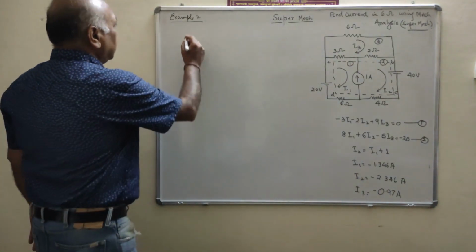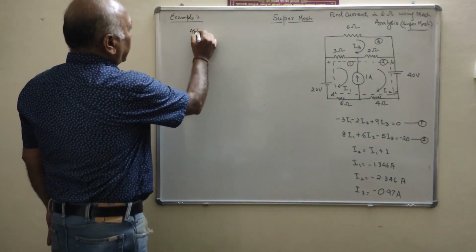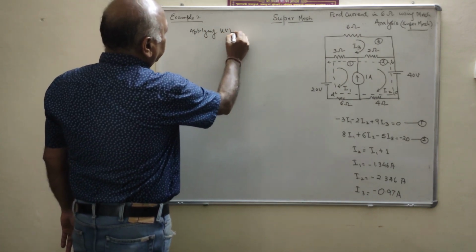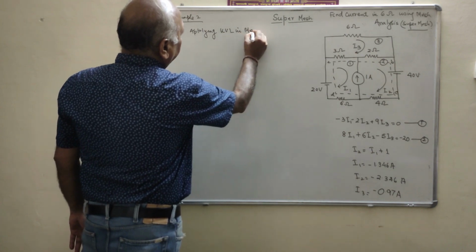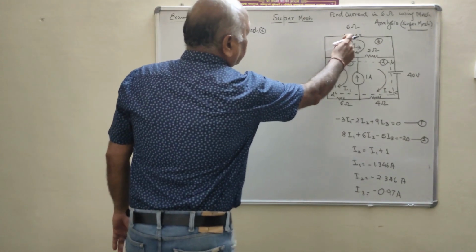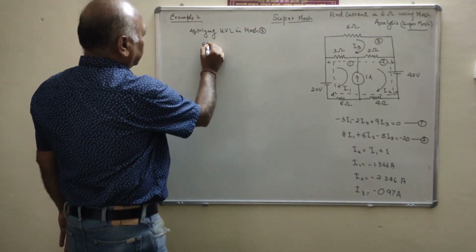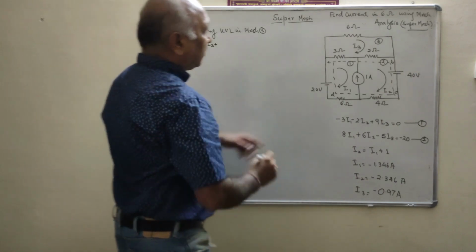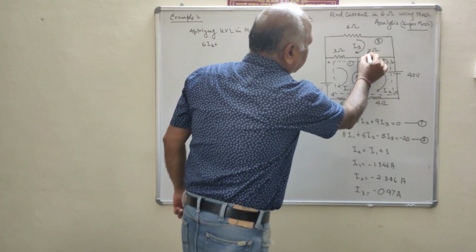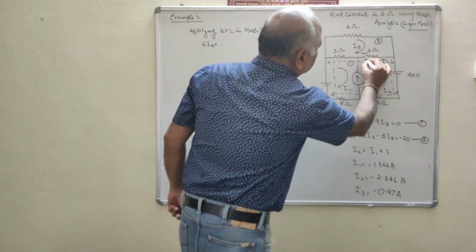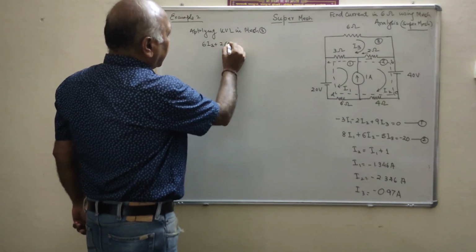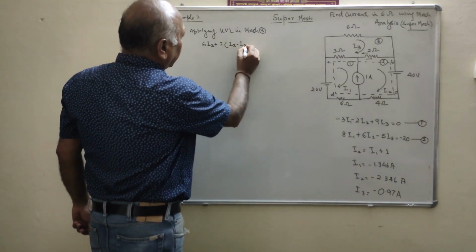Clear? So you will see, we will apply the KVL first of all for mesh 3. Clear? Now applying KVL in mesh 3. Then what will we say? Drop in the 6 ohm, that is 6I3. Then drop in 2 ohm resistance, I3 is going this way and I2 is going the other way. Then that will be 2 into (I3 minus I2).